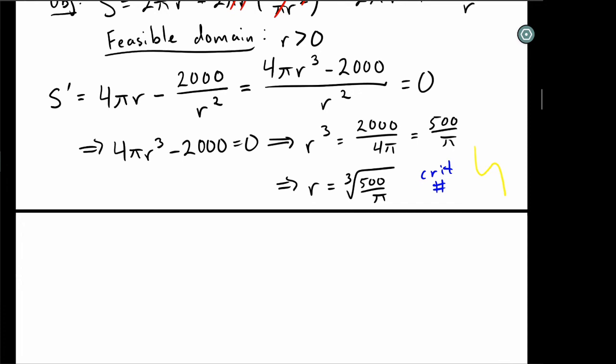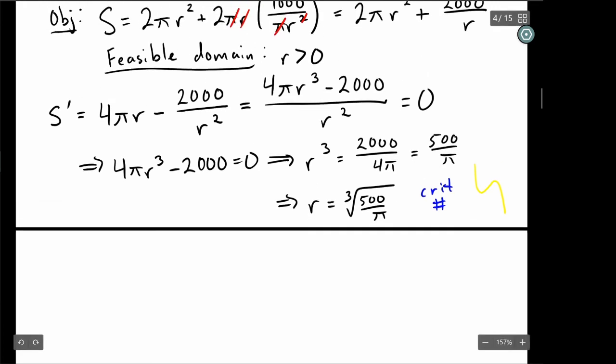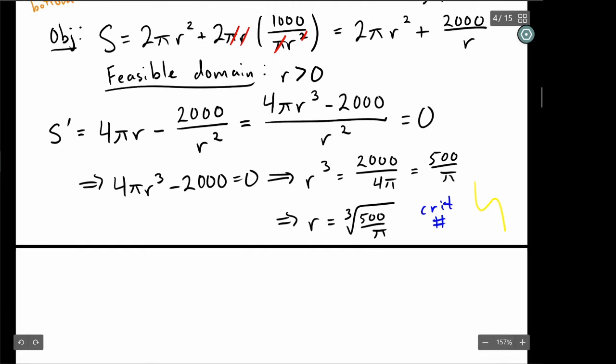But let's look at this here. What we want to do is say, what's going on with the function s? Where is it increasing? Where is it decreasing? So we know that s prime is equal to 0 at this value here.